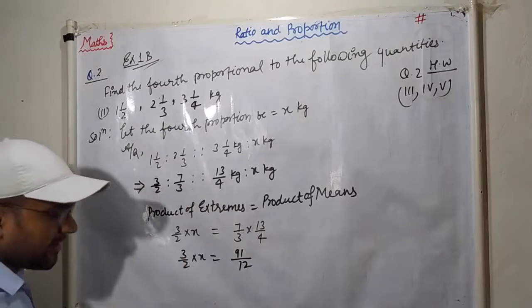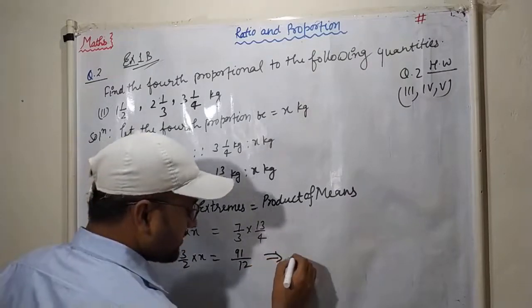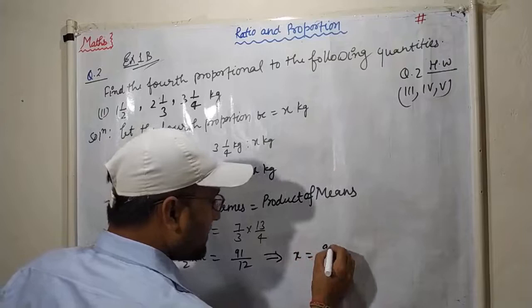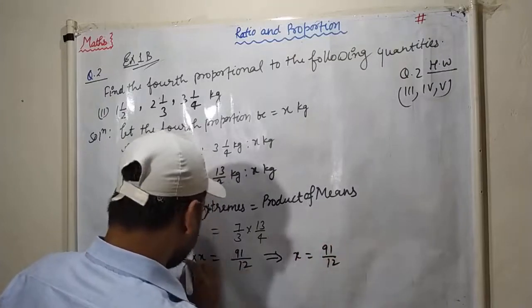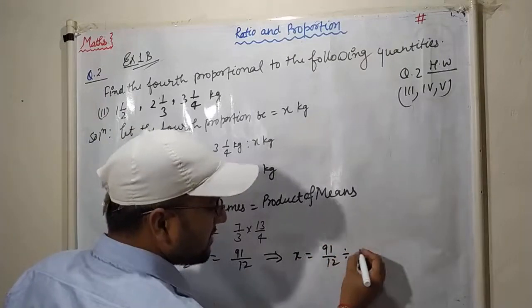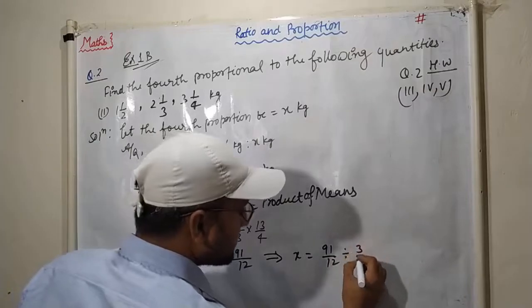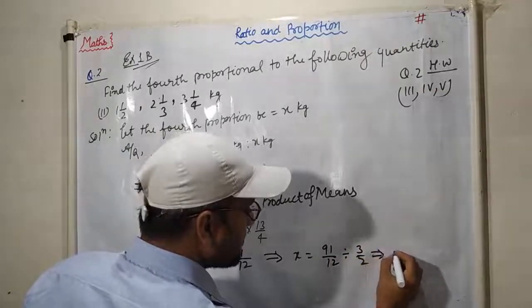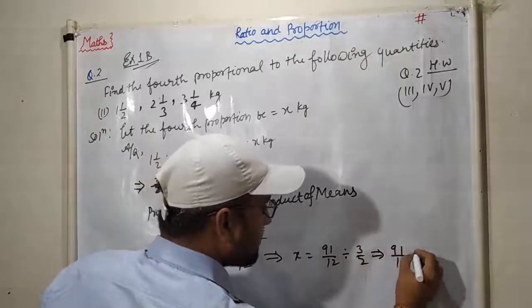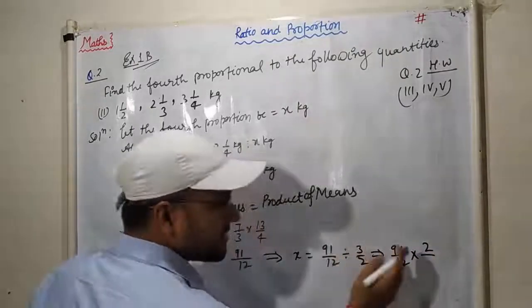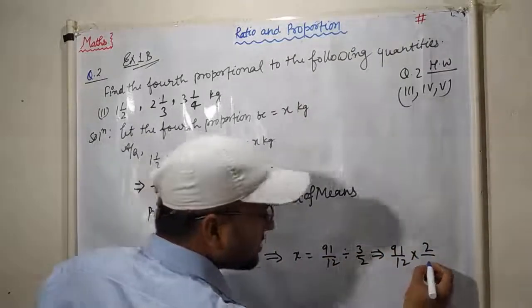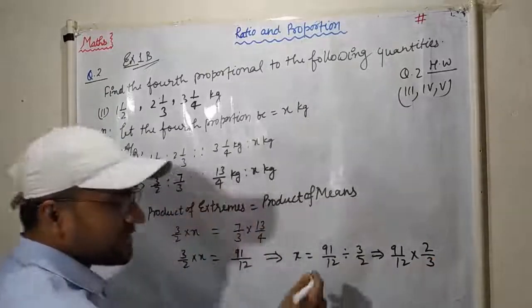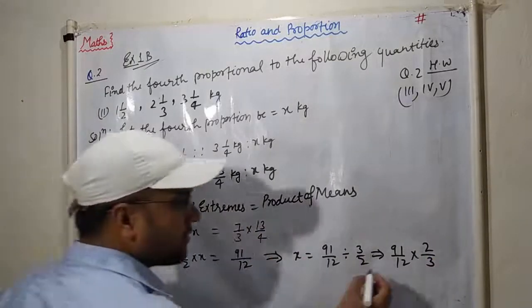If it goes to the right side, multiplication changes into division. So x is equal to 91 upon 12, divided by 3 by 2. Division changes into multiplication, and it changes into its reciprocal.